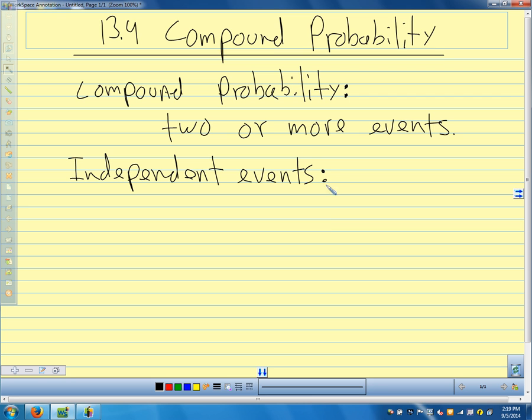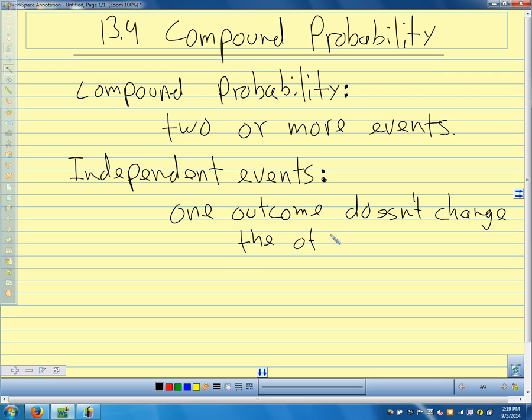What independent events means is that the outcome of one doesn't change the other outcome. So one outcome doesn't change the others, because we could have more than one.